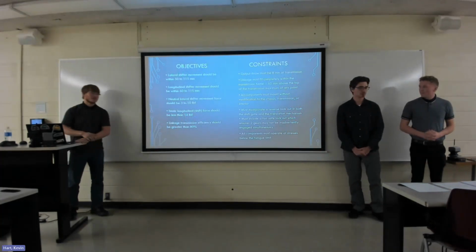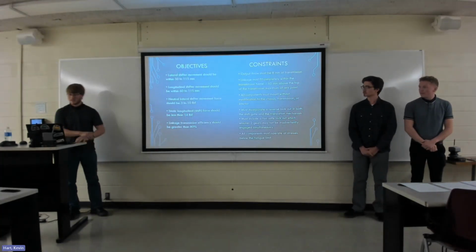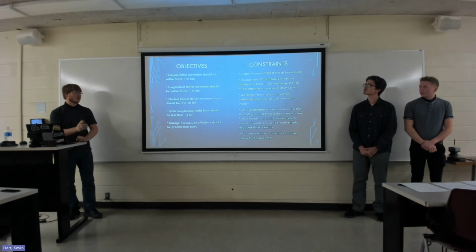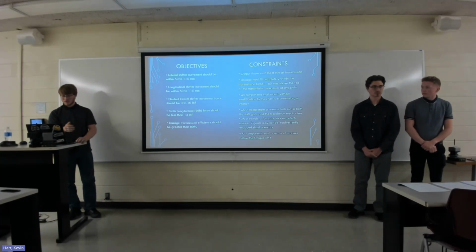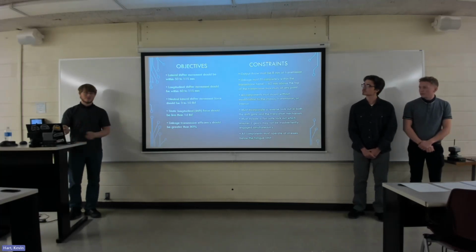All right, so this research culminated in our objectives and constraints. Based on the geometric research that Cole was just talking about, we decided that the lateral movement, or the left-right movement, of the shifter should be a total of around 50 to 115 millimeters.